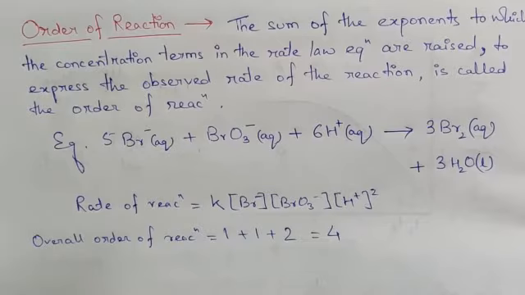Clear? But sometimes what happens, the expected order doesn't follow and there are some deviations, and there is a difference between the theoretical value and the experimental value. Okay, I will show you the examples.